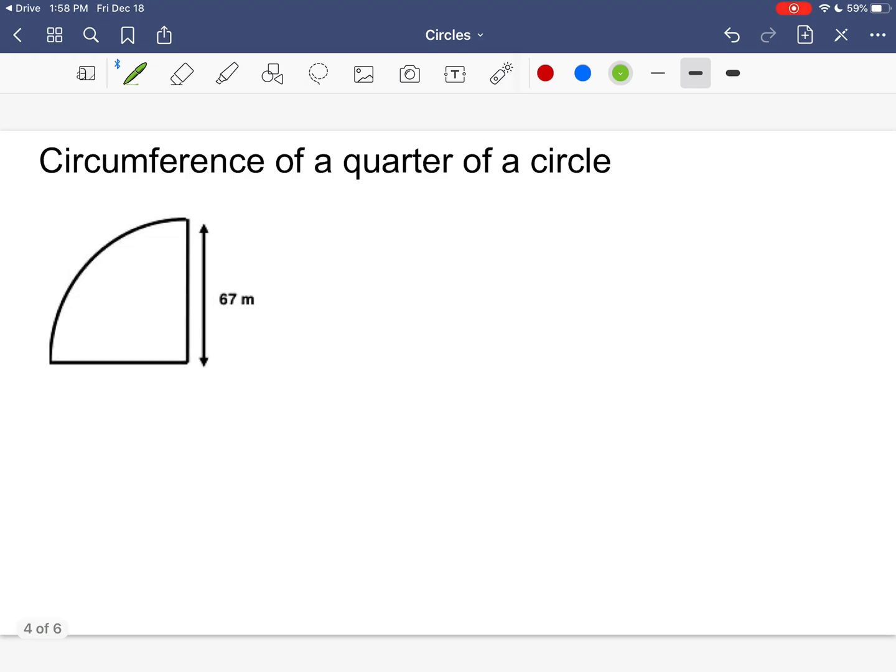For circumference, here we're asked to find the circumference of a quarter of a circle. So first I want to have a plan. I'm going to add up this side here, which is a radius. So I'm going to have a radius plus another radius here.